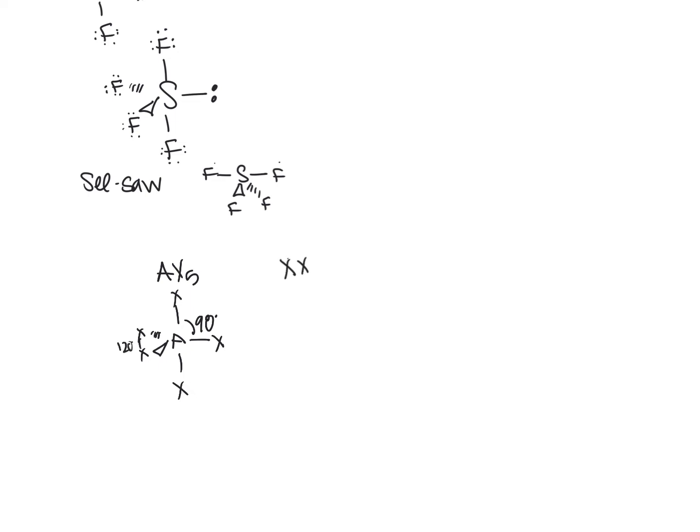For AX4E, we have the A in the center, the same base geometry with the E or the lone pair here. And it turns out that what we see is a slight compression where this is slightly less than 90 and this is slightly less than 120. And this is called seesaw. Where this one is trigonal bipyramidal.